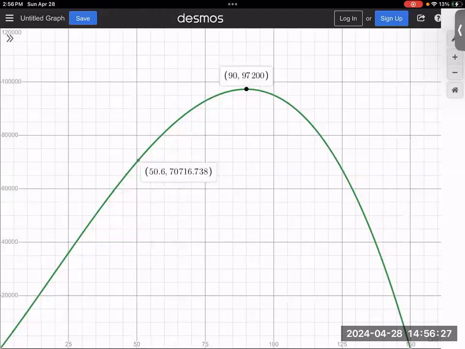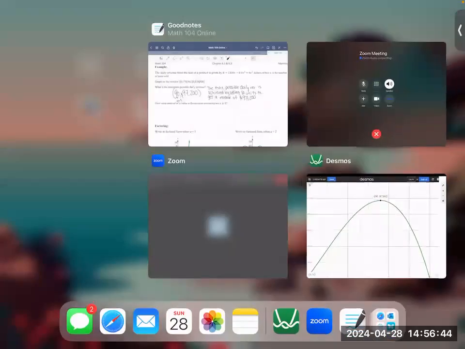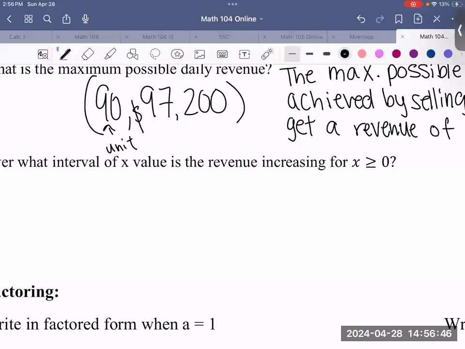Notice that your graph is rising, your X values are rising all the way up until we get to your max. And then we start to fall. Now your max is neither a rise nor a fall, so we're not going to be including this value, but we will go all the way from your 0 starting point. So from 0 inclusive, we have that equals sign, so we're going to include 0 and go all the way up to 90, non-inclusive.